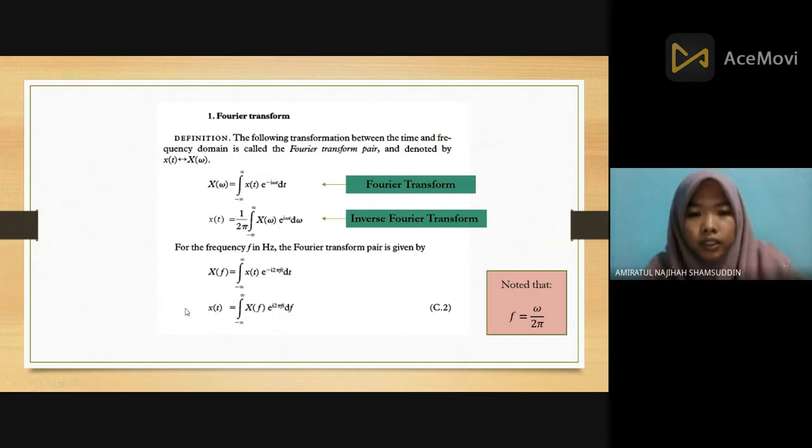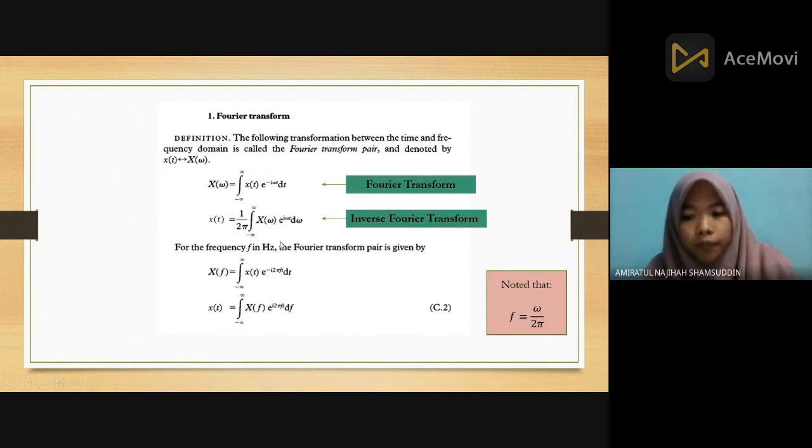Similarly for the frequency f in hertz, we also call it a Fourier transform pair in frequency in hertz, which is S(f) equal to the integration of x(t) times e to the power negative i 2 pi f t with respect to t.